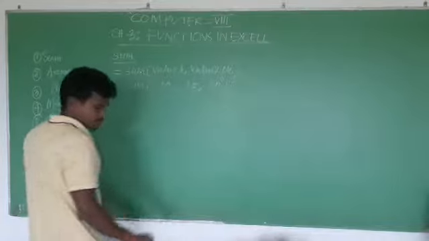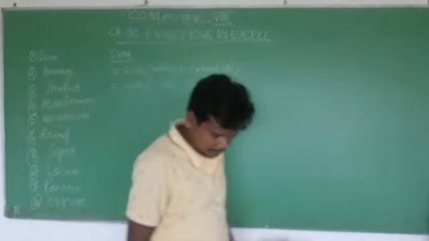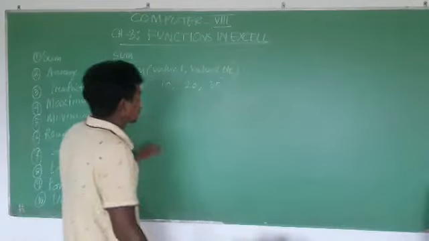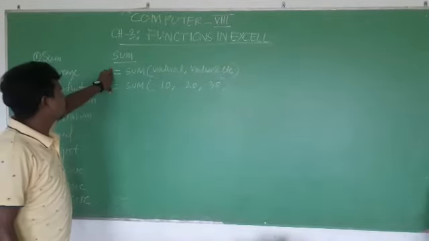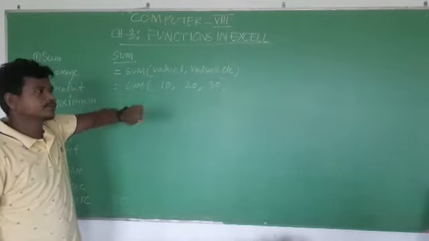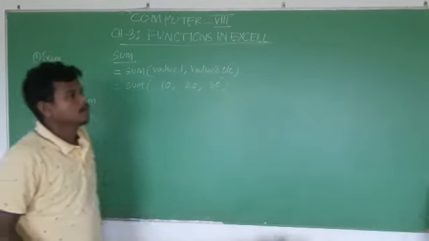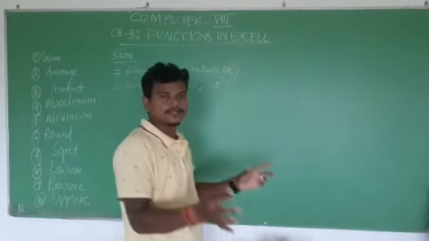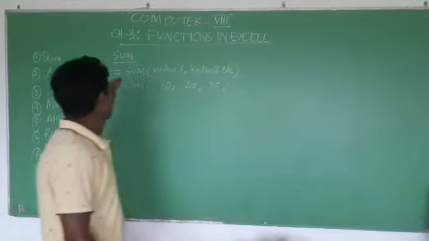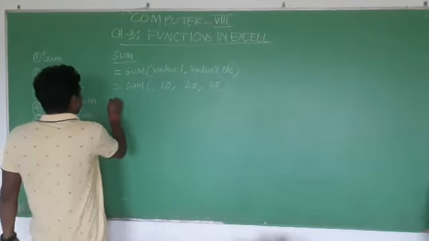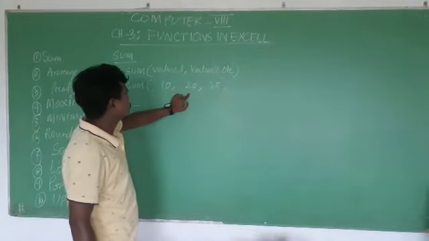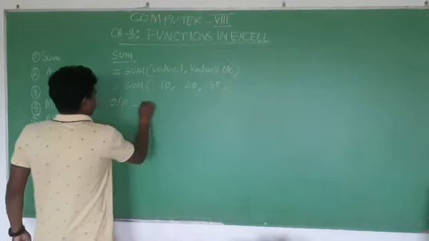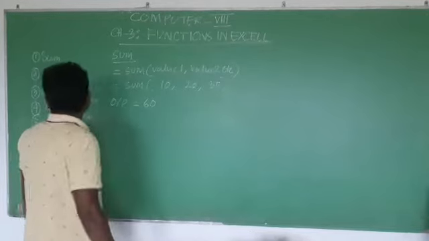These three values we enter, and they are terminated by the bracket. These are the input, and this formula is also called syntax in other language software, but in Excel we call it a formula. So the output will be 10 plus 20 is 30, 30 plus 30 is 60. 60 will be the output.